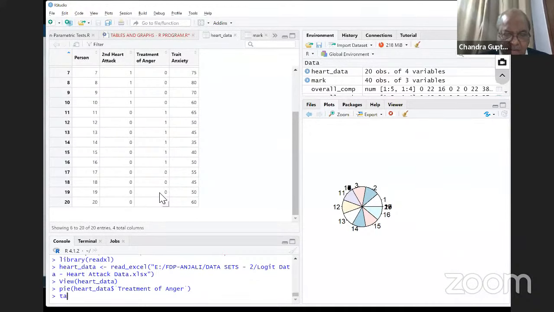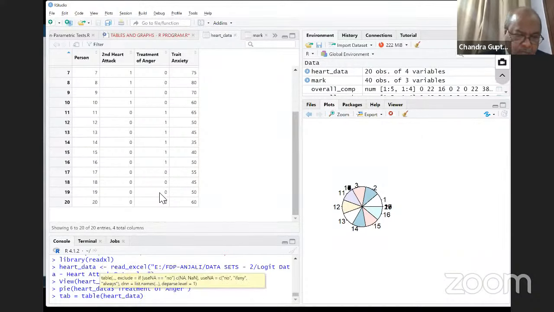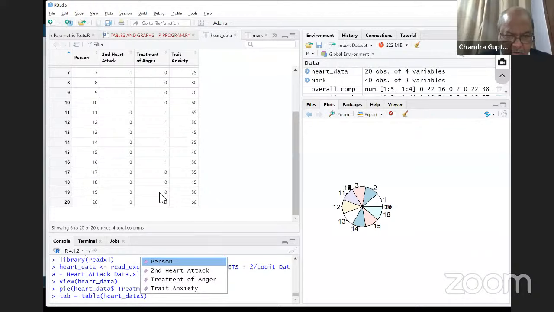Say tab, to table, hard data dollar treatment of anger.